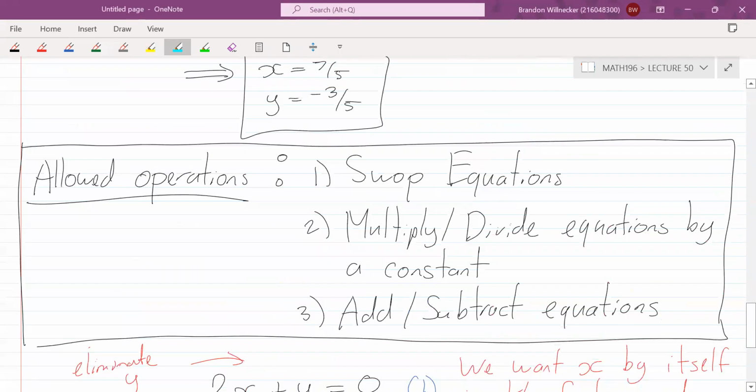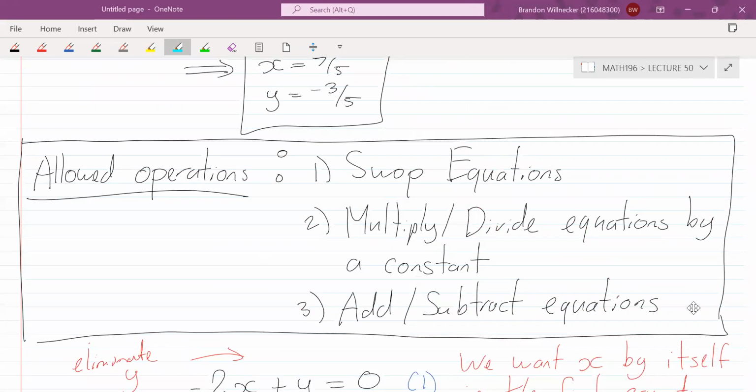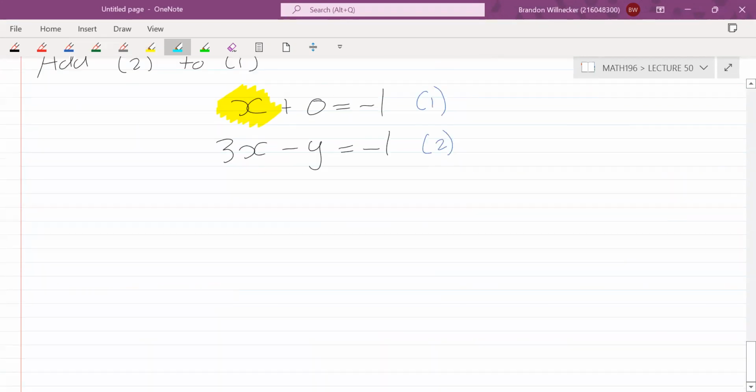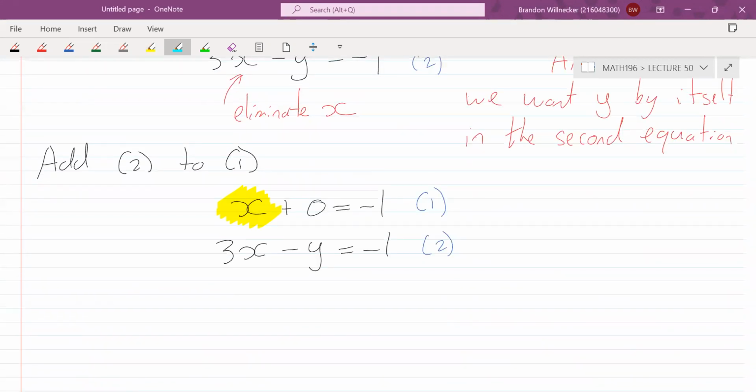We've got these three things that we can do. I think we're going to multiply equation 1 by 3. Yeah, good. And then, yeah, that's the first step. And then what's the second step to get rid of it in equation 2? Subtract. Yeah, good. You got it.